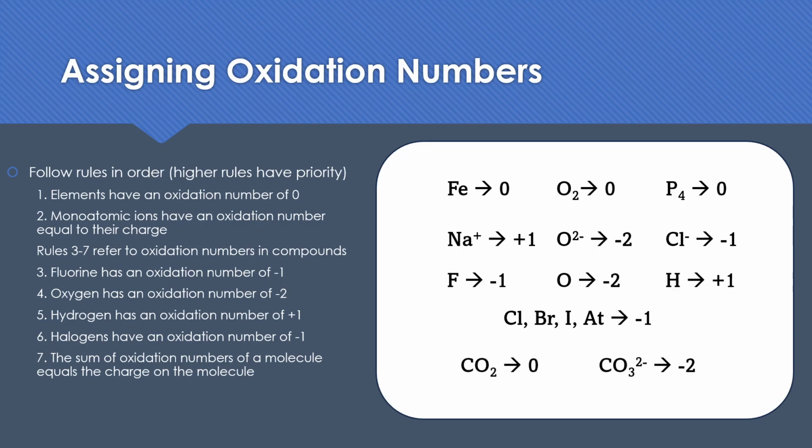So in carbon dioxide, the sum of all the oxidation numbers is equal to 0. In carbonate, CO3 2-, the sum of all the oxidation numbers is -2. You'll notice that most elements are not on here. The oxidation number of an element that's not on here you find deductively using math.